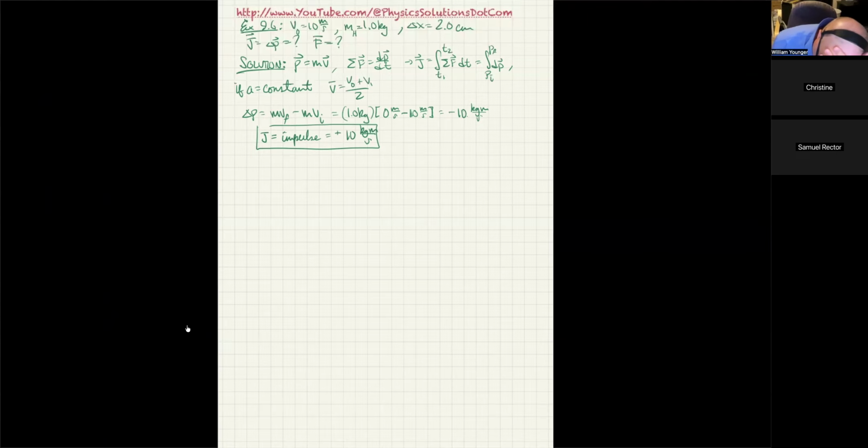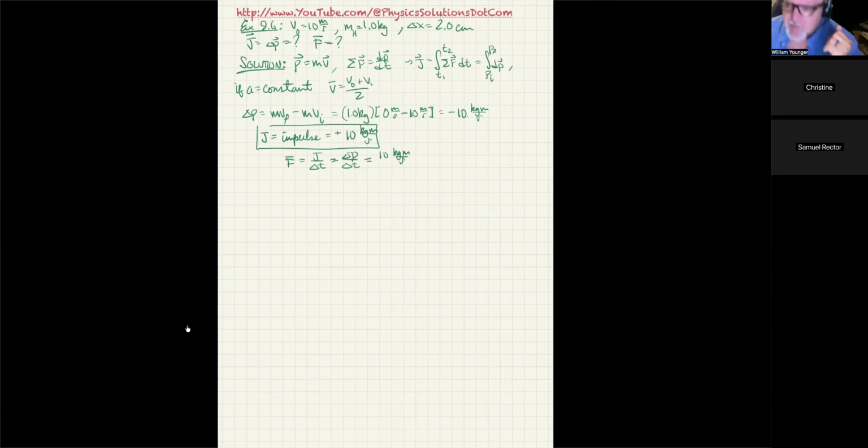And with that in mind, we're going to say that F on average, and I'm saying it's now the average F instead of the sum of the forces because I just argued that the major force is only the force of the hand, is going to be equal to J over delta T because J is delta P. I could have written this delta P over delta T, but delta P is J. So because of that, we can write 10 kilogram meters per second.